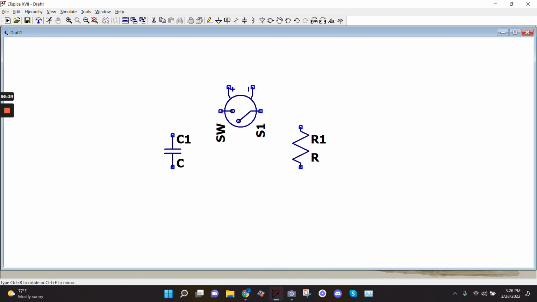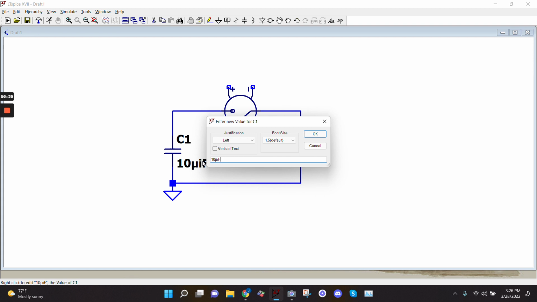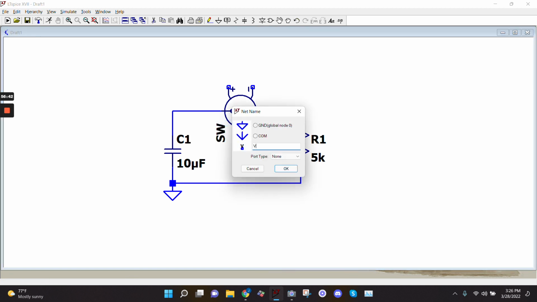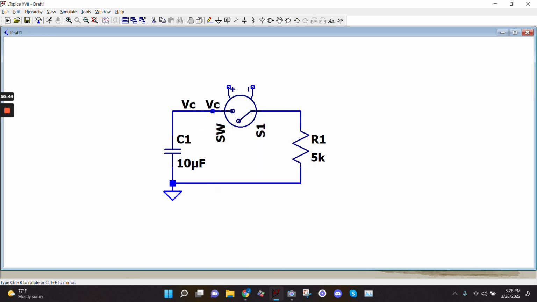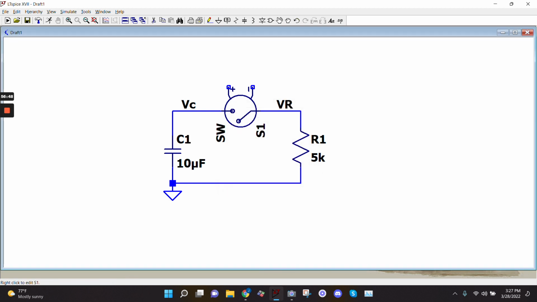And then I have my resistor out here, 5K. Call this VC. Call this VR. Ground this.